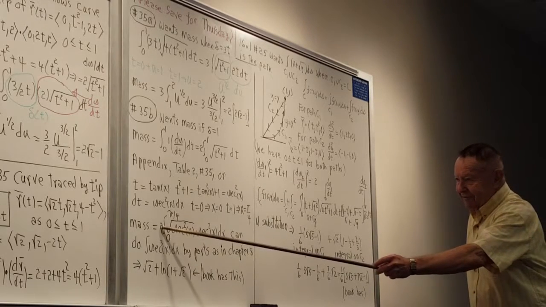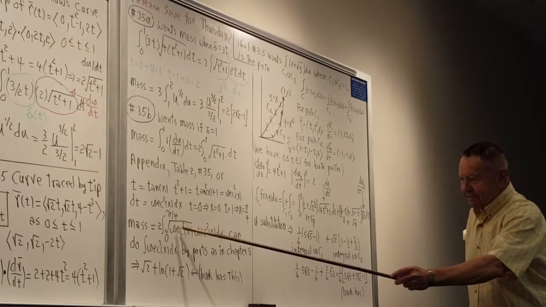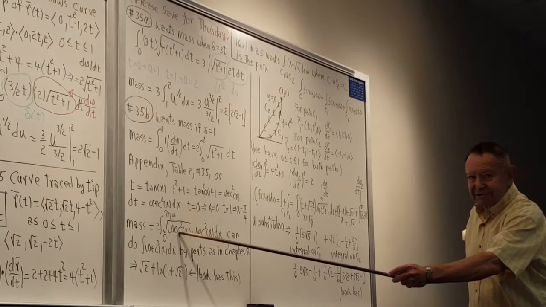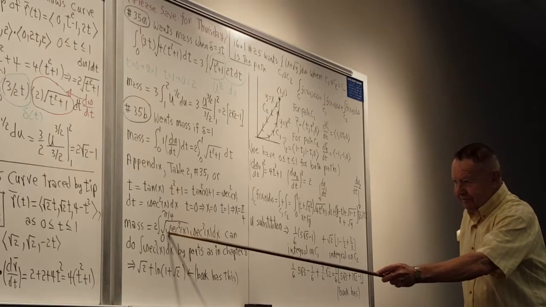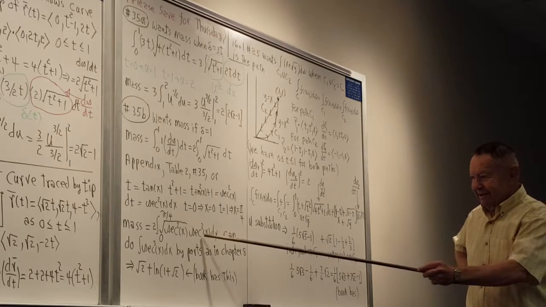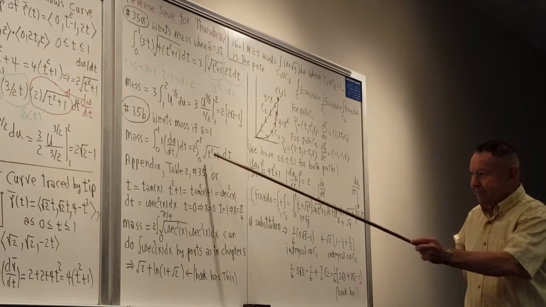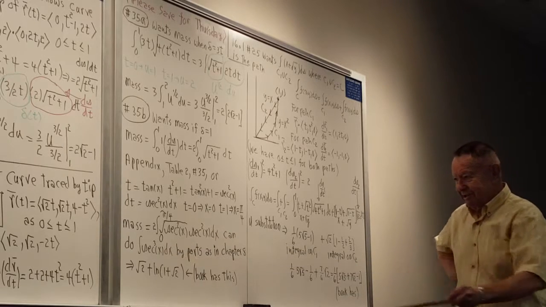So then you have 2, 0 to pi over 4, square root of secant squared, which of course is secant, and secant's positive, so you don't have to worry about the absolute value at least. And then secant squared, which came from your dt. So then you have to do secant cubed.